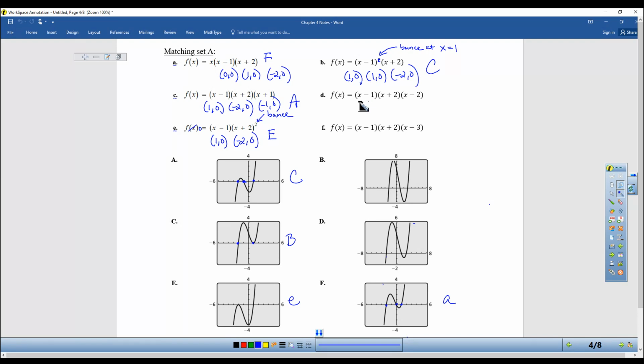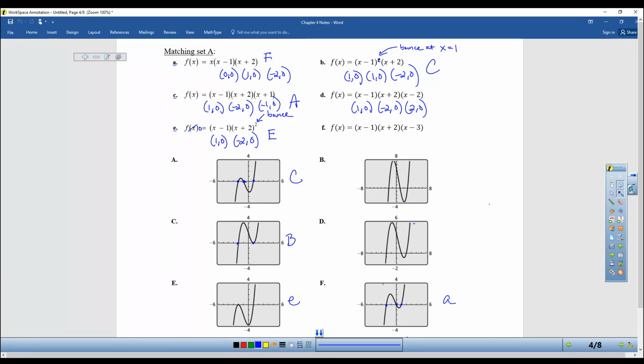Letter D. 1 would make a 0. -2 would make a 0. +2 would make a 0. And that one is going to be B. Is that right? -2, oh no, that's a 3. Tried to do it too fast in my head. Let's see.